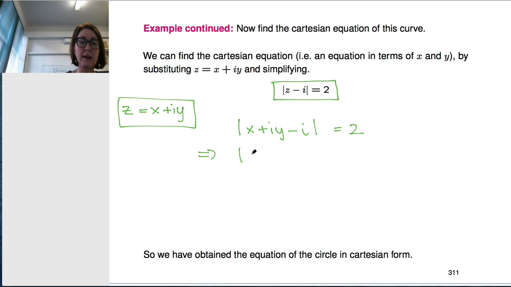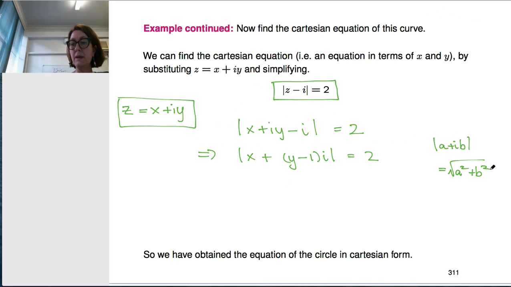And then I'm going to collect the real and imaginary parts together. So this is modulus of x plus (y minus 1) times i equals 2. And I'm going to take the modulus here, so I'm actually going to work out what it is. Remember that the modulus of a plus ib is just the square root of a squared plus b squared.